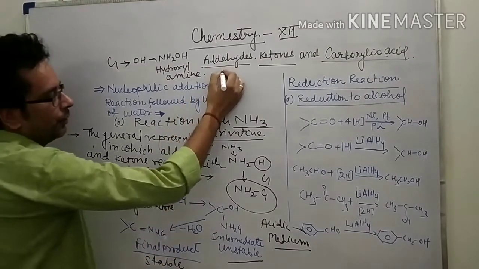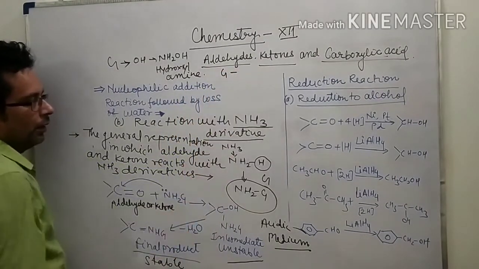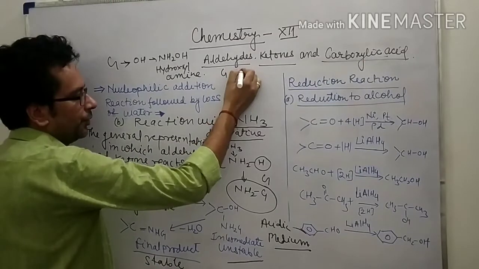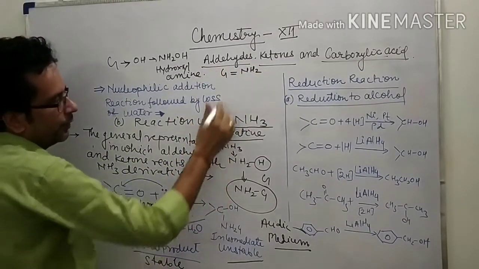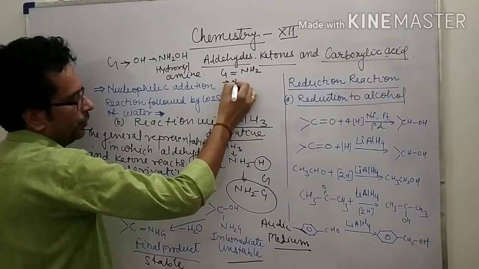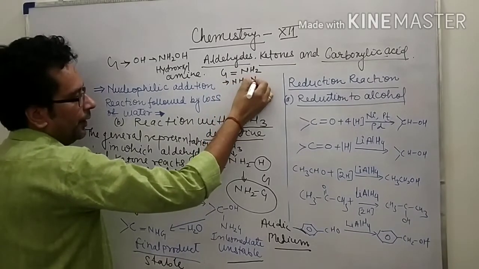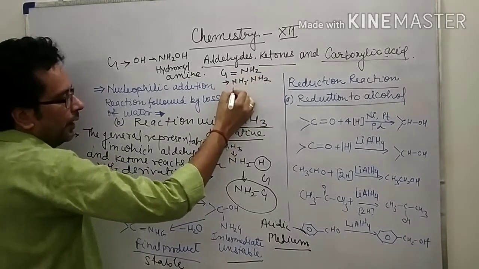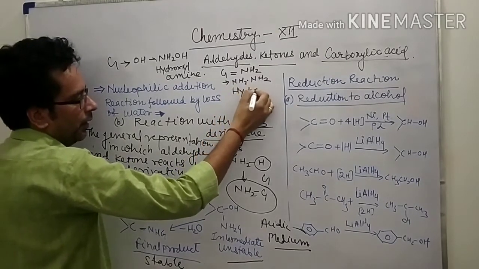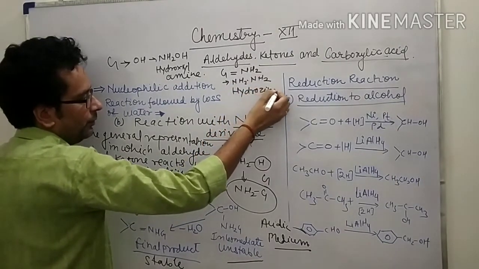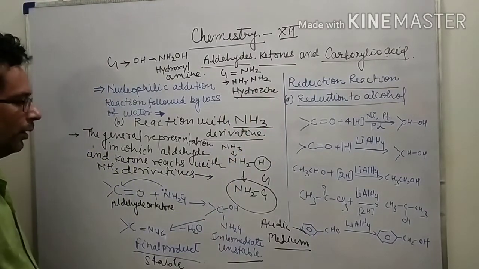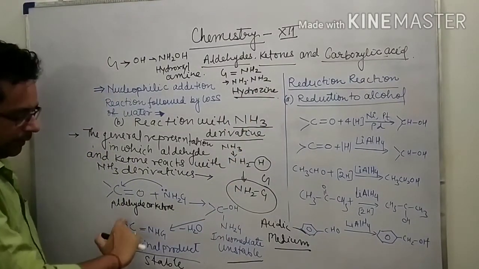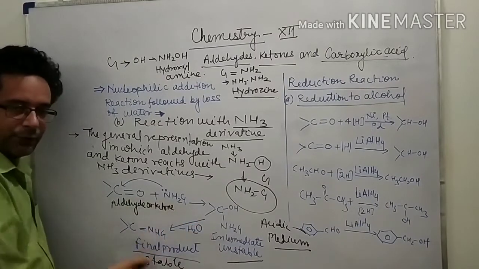If G equal to NH2, then this is NH2 NH2, and this compound is hydrazine. So the reaction proceeds in this way.